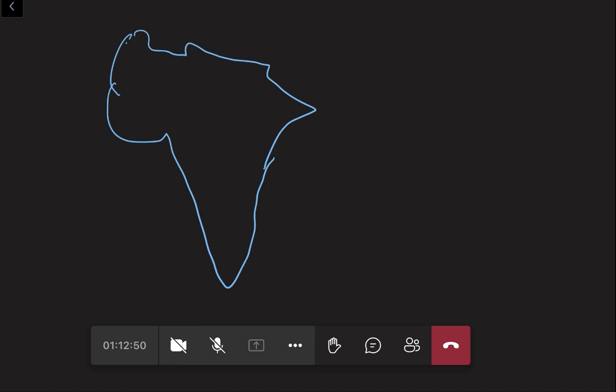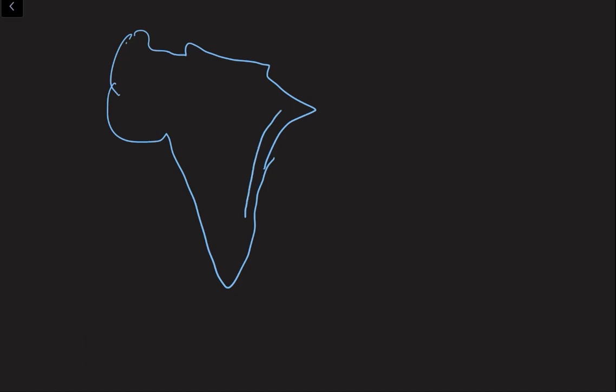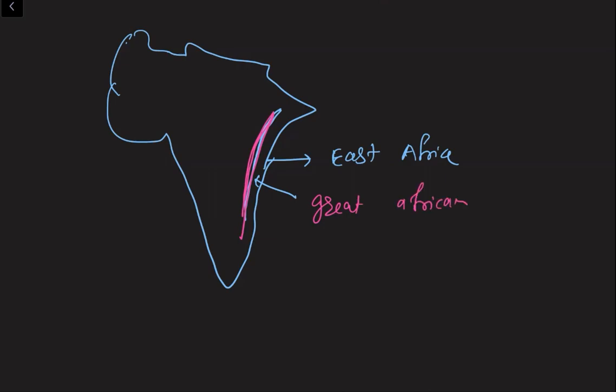This is Africa, and this eastern part of Africa, what we have, it's called the Great African Rift Valley. This is called the Great African Rift Valley.